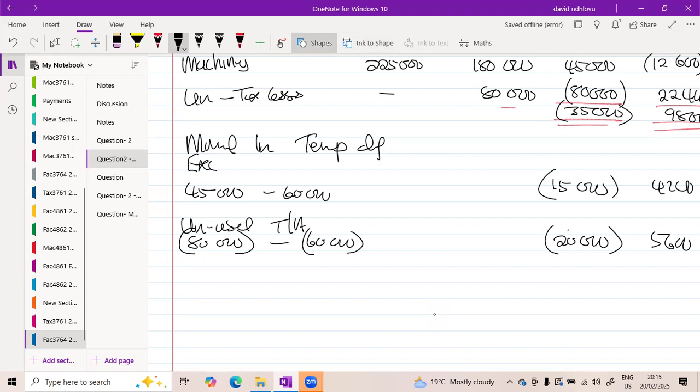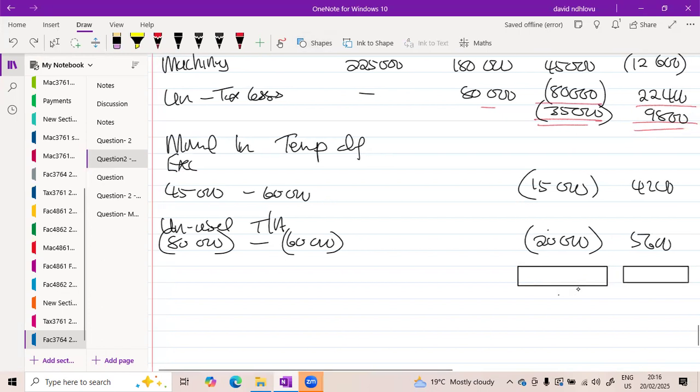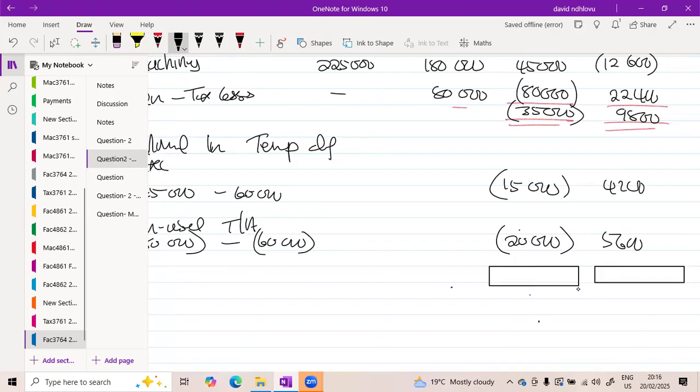So that ultimately, you then add your totals here. So we are going to have 35,000 here, negative.